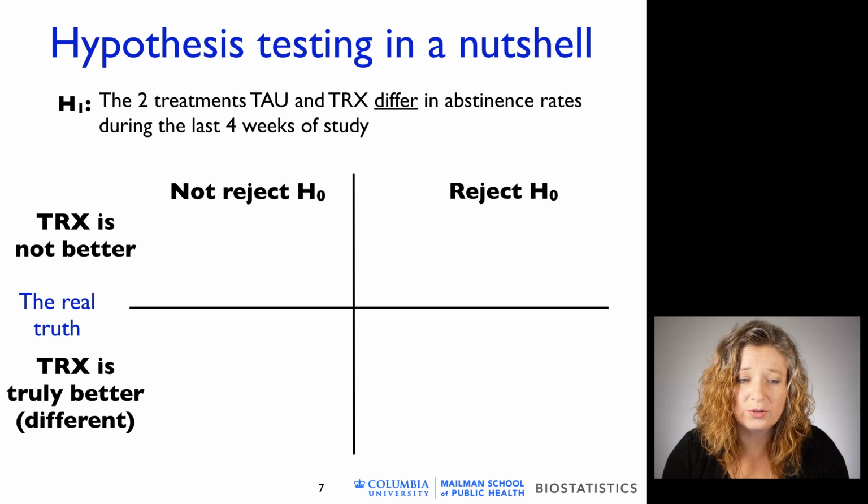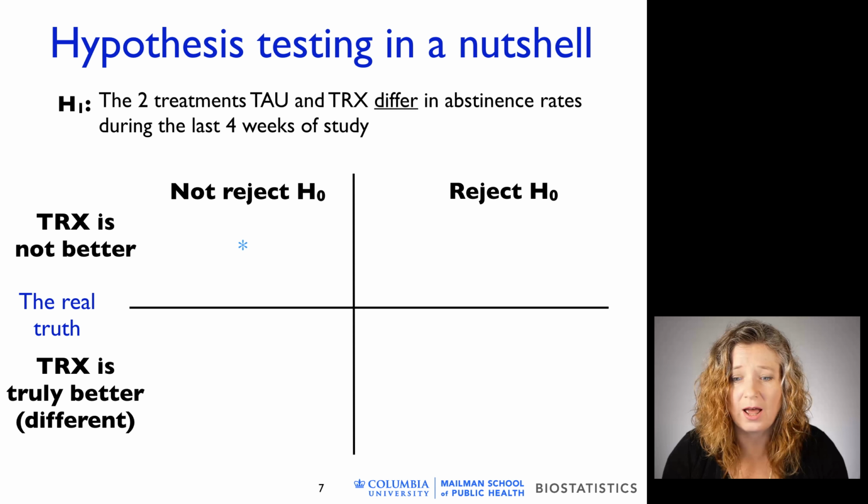In the upper left quadrant, we have the case that TRX is truly not better than TAU, and at the same time, we did not reject the null hypothesis. That is actually a correct conclusion. If TRX is not better than TAU, then the correct conclusion is to not reject the null hypothesis. It is correct, but it is not very exciting.